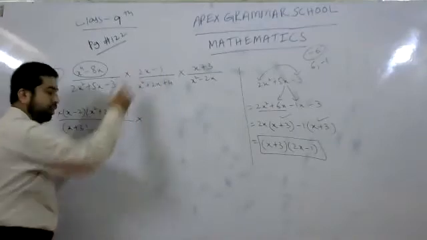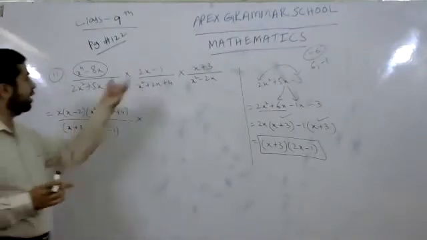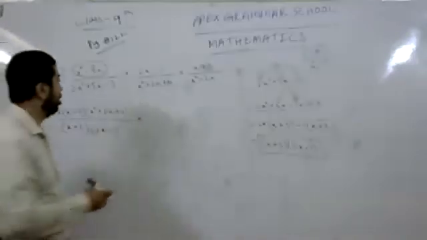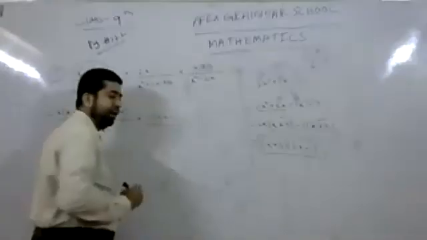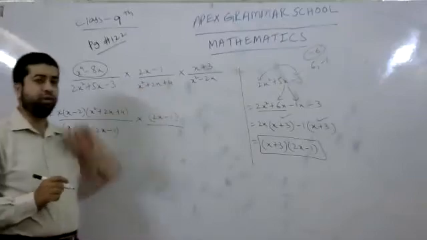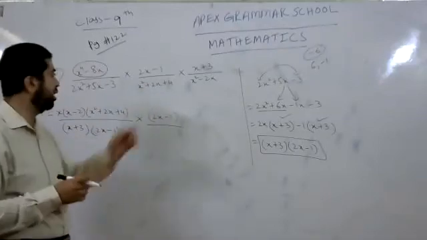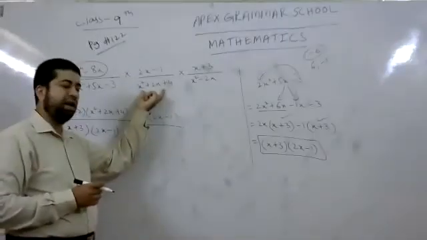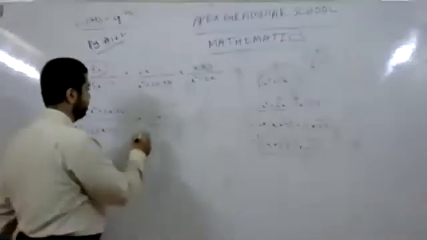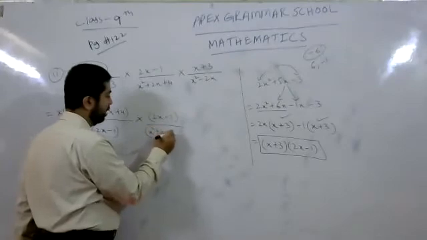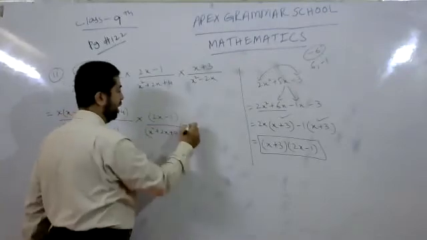Now for this fraction, you can see that it is also factor 2x minus 1 and in denominator x square plus 2x plus 4. Frankly speaking, you can't make any factorization of it. You can't make any middle term breaking of it. So you need to write it as it is, x square plus 2x plus 4. Now for this one, multiply x plus 3.